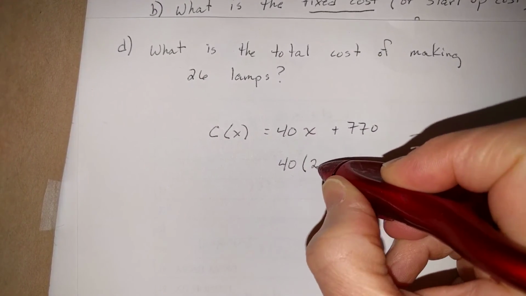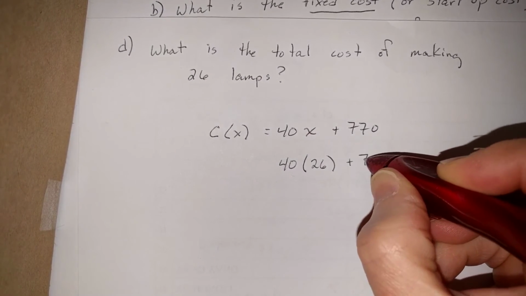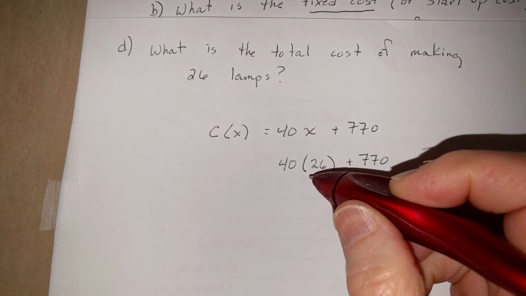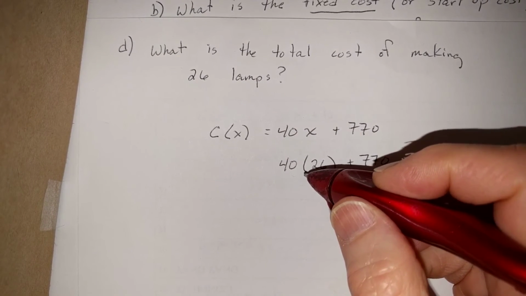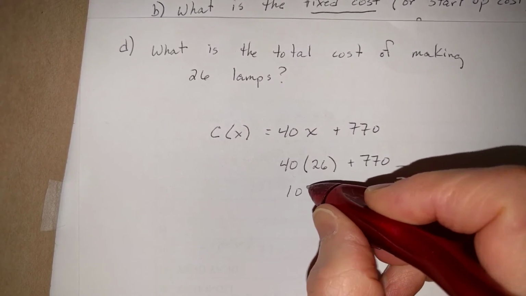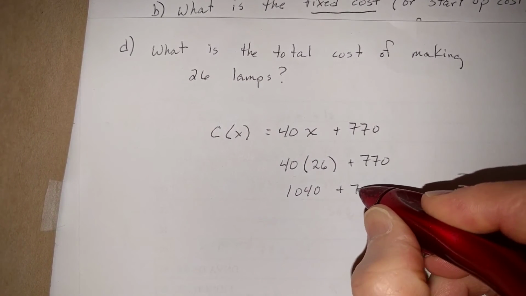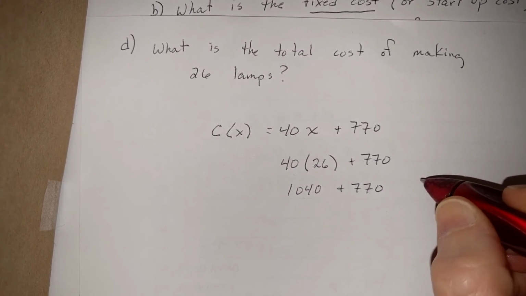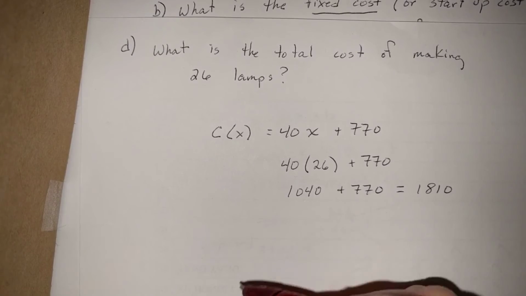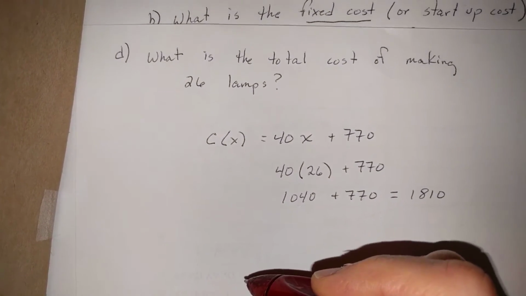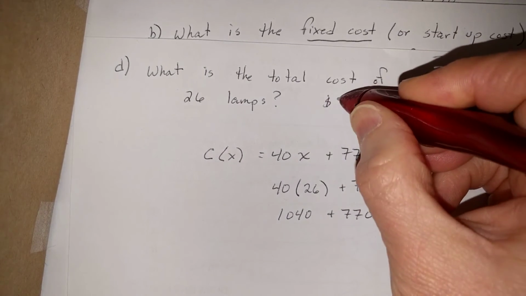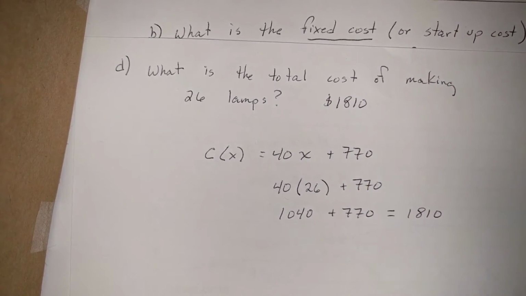So I've got 40 times 26 plus 770. 40 times 26 is 1040. 1040 plus 770 equals 1810, or the cost of making 26 lamps is $1,810.